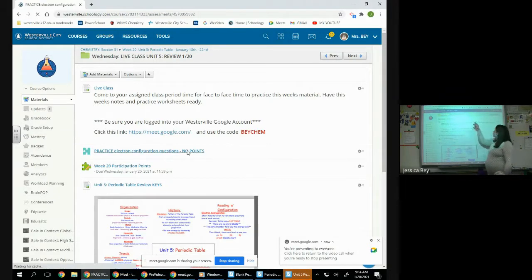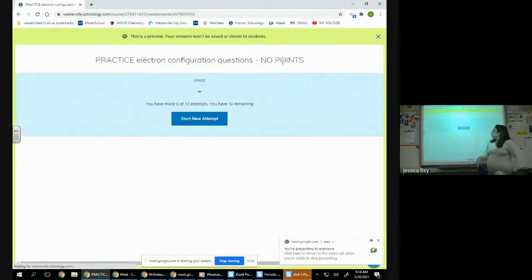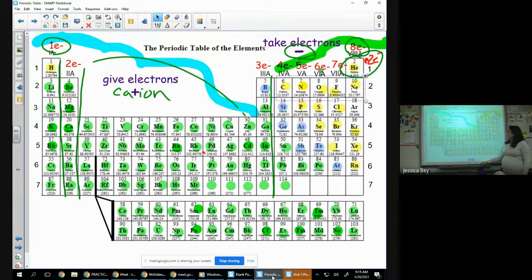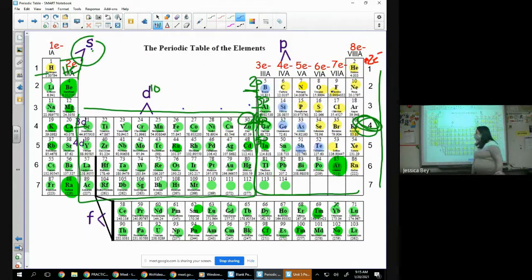So if you go into that, no points or anything, it just says, I would like for you to write the full electron configuration for fluorine. My suggestion is to use a pencil. And remember, you should have had this stuff written down. This is the S block over here, the D block down here, the P block over here.